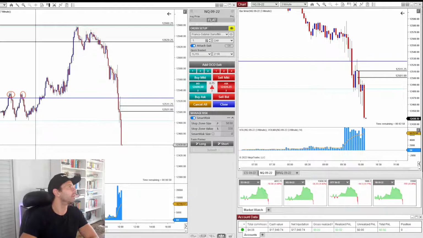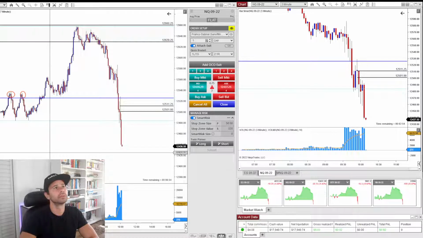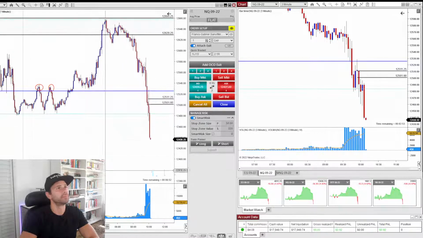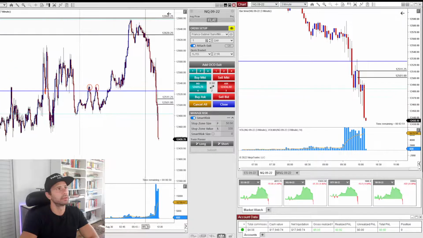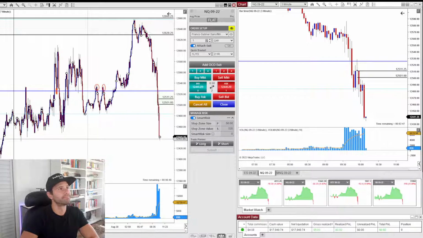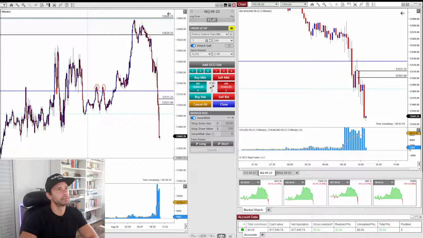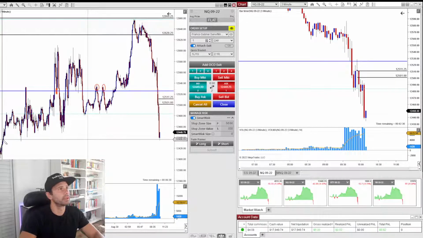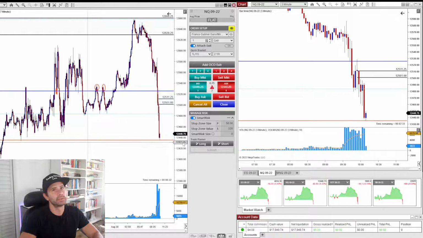The RTY is the one dropping the most, 0.80%. I want to check here. This does not look good. So I do have this pivot right here being retested.